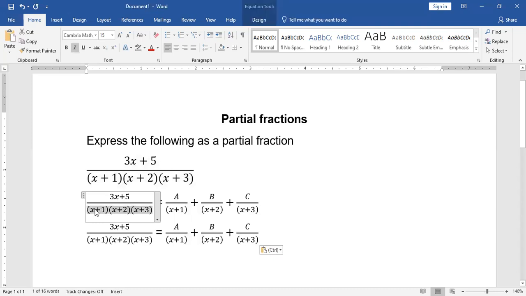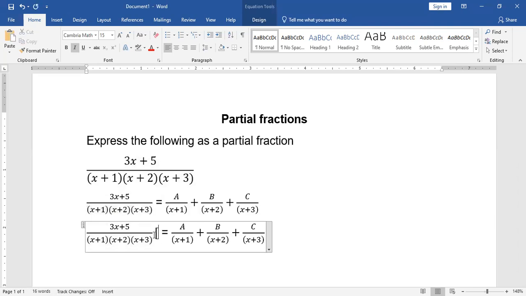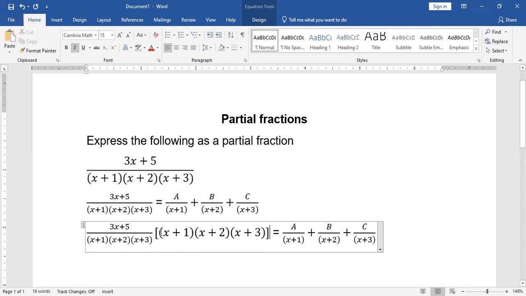I'll multiply both sides with the bottom part, the same thing being multiplied on the other side of the equation.